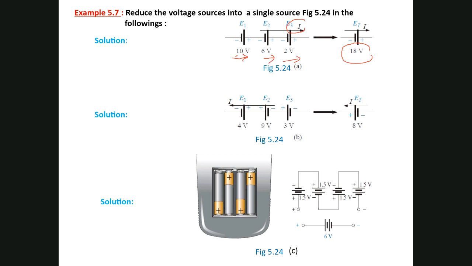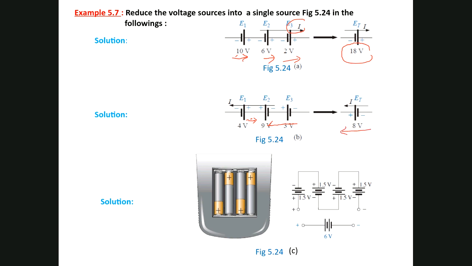For this one here, this voltage 4 goes here and the other goes opposite. So 9 plus 3, 12, minus 4, which is 8. Okay, so in this direction.